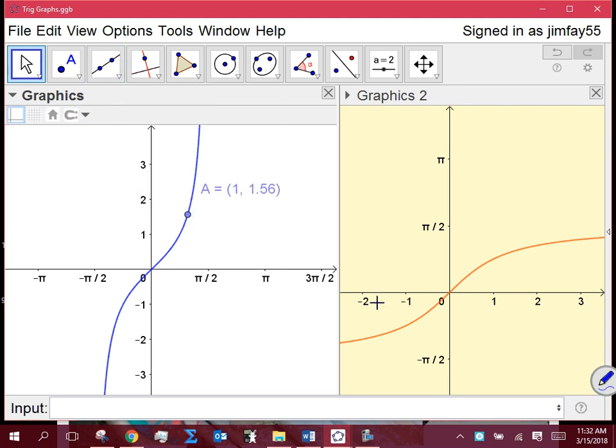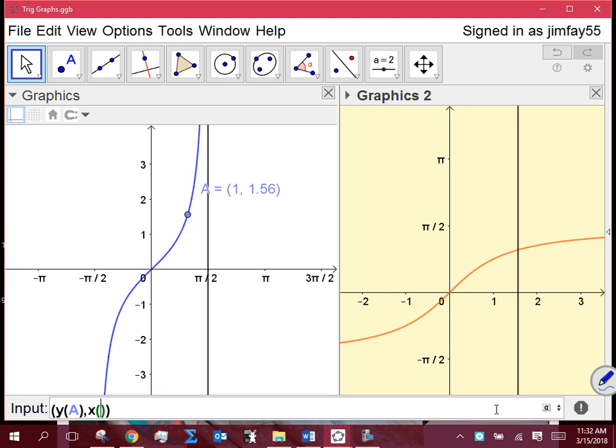So at that point, what I'm going to do over here is plot the y value of A, comma, the x value of A, and it gives me that point right there. And that shows up on the curve. So what I did is I flip-flopped these ordered pairs, these coordinates, and it showed up on the curve, right? So this is like an A, comma, B, and this becomes B, comma, A. Is that okay with everybody? Okay. So it is a reflection over the line y equals x.